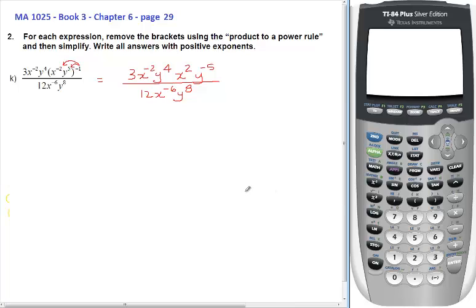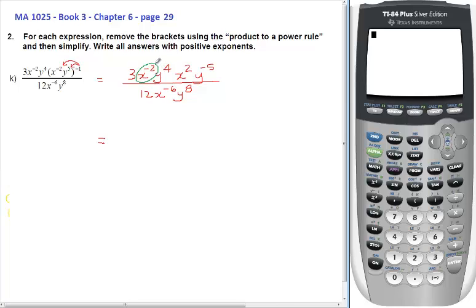Now, I have choices here. Like I said, the order of those steps varies. I can combine now like terms in the numerator or denominator if there's more than one like base, or I can move them all now and then combine. Totally up to you. So let's combine ones that are in the numerator.